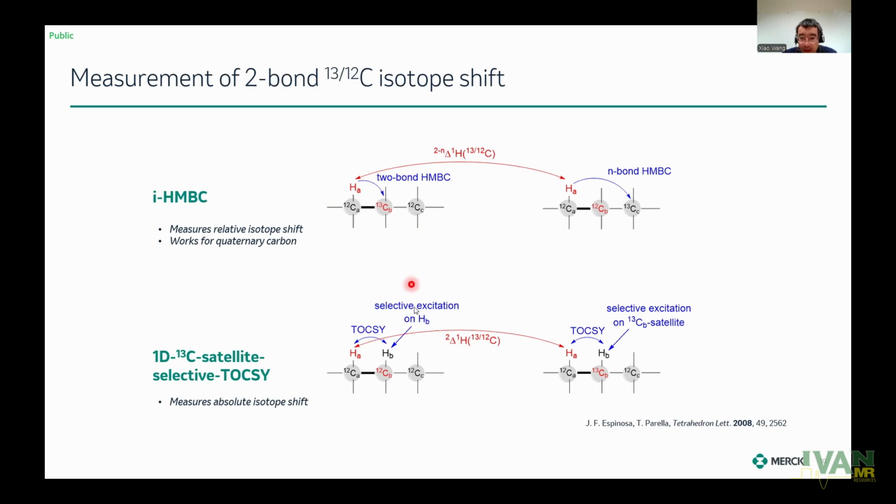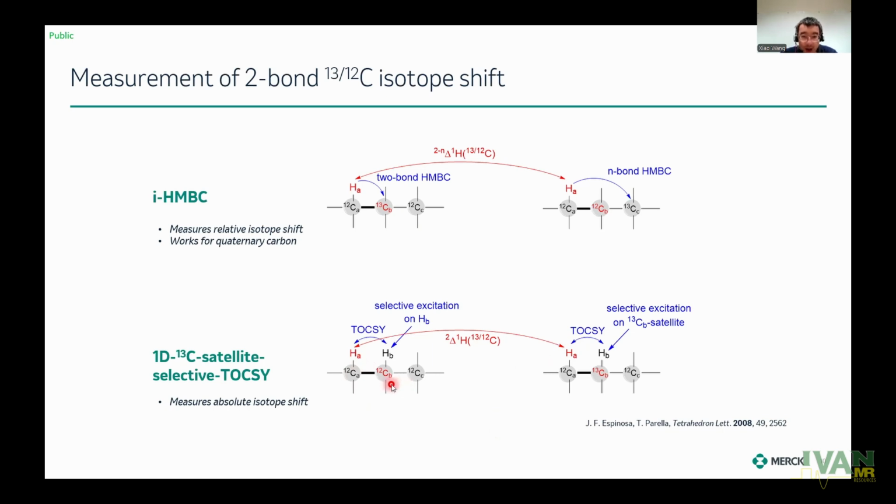And actually, quite some time ago, Juan Espinosa and the Parella group developed a 1D C13 satellite selective TOCSY experiment. This is a very smart experiment, but it's for proton-rich molecules because it relies on TOCSY transfer. In the proton spectrum, the chemical shift of HA is the chemical shift of this isotopomer, where all the carbons are C12 because C12 is most abundant.